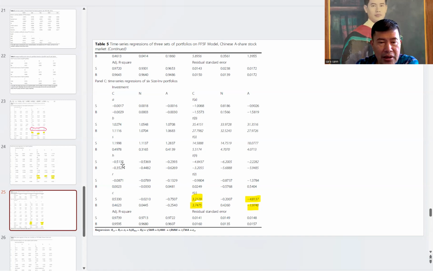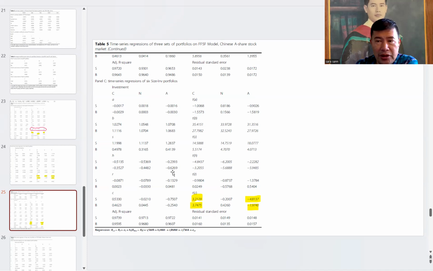What does it mean? When the book to market ratio goes up, all negative signs over here, excess return goes down. So they are not a good sign for this portfolio. Because excess return goes down.